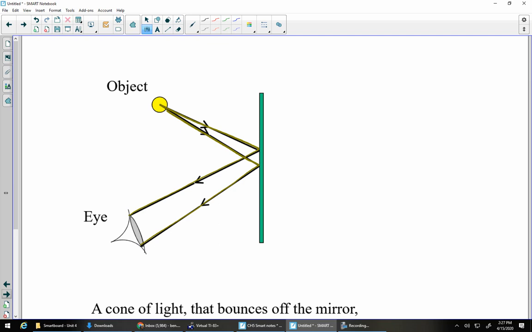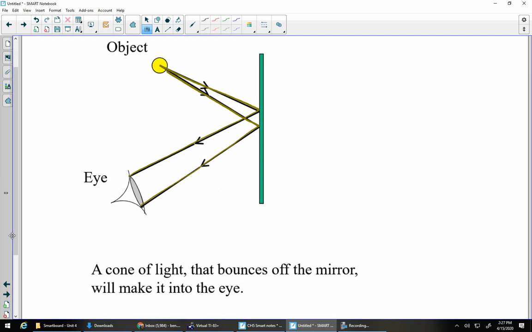Now when we think about where our eye, because our eye and our brain understands that light, for the most part, travels in straight lines. We perceive light traveling in straight lines. So where does it look like, and let me just erase this and clean this up a little bit, where does it look like these two rays are going to come together to us?